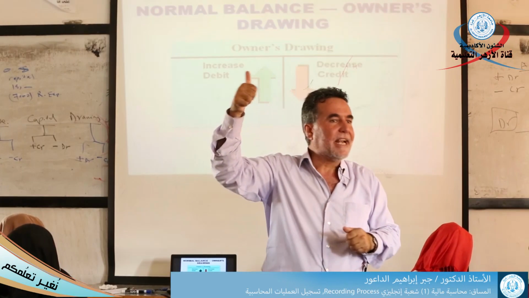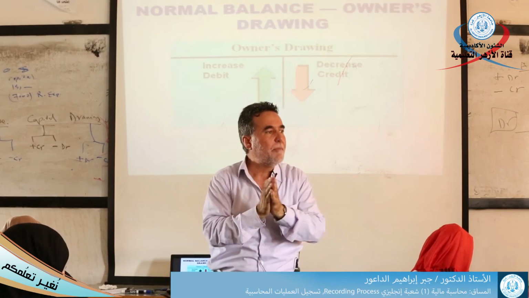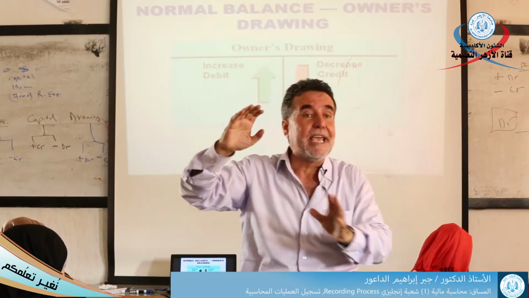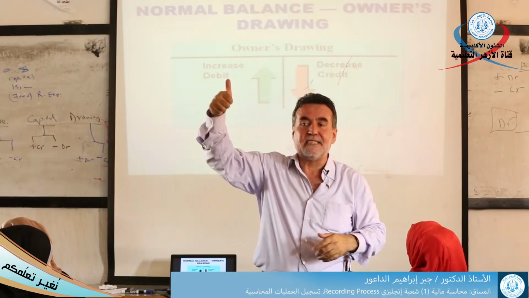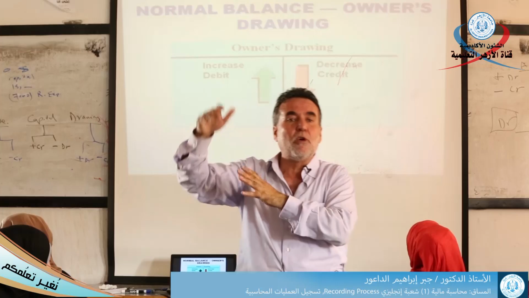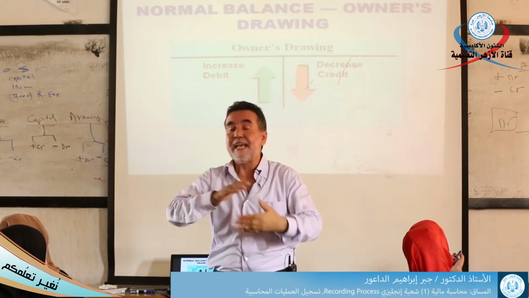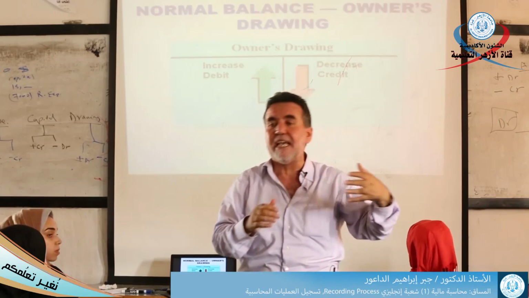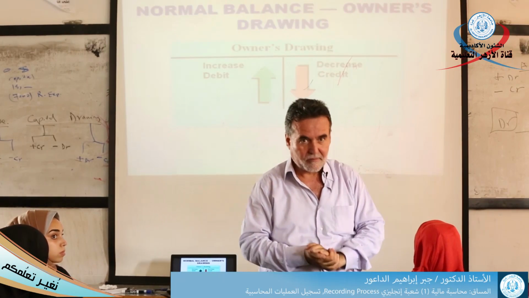Assets increased will be DR, decreased will be CR, so the normal balance will be DR. Liabilities increased will be CR, decreased will be DR, so the normal balance is CR.